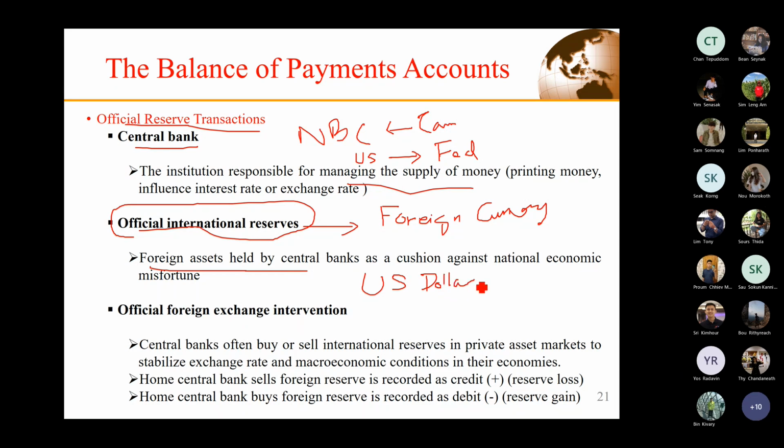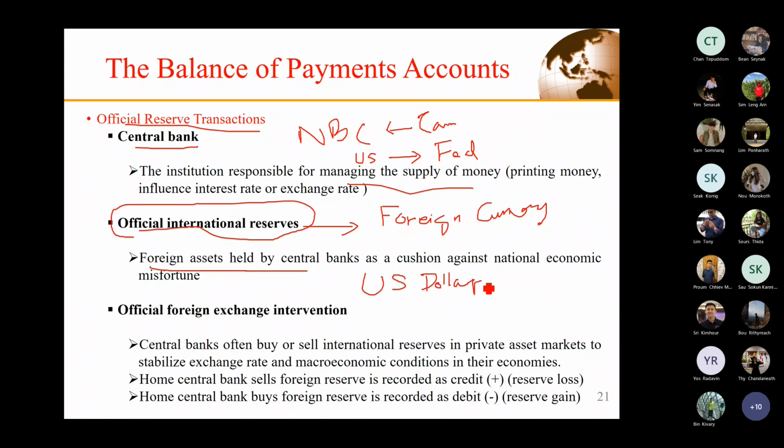One of the benefits of having this reserve is that the central bank can influence the price of the US dollar. It can make the dollar cheaper, or it can make the US dollar become expensive, relative to the Cambodian riel.